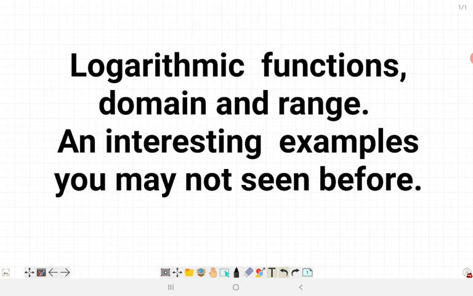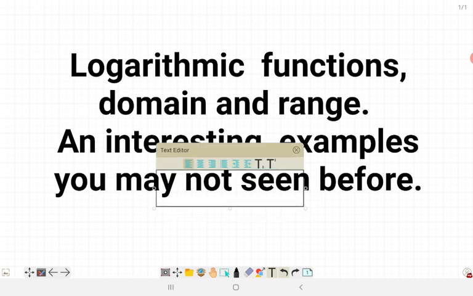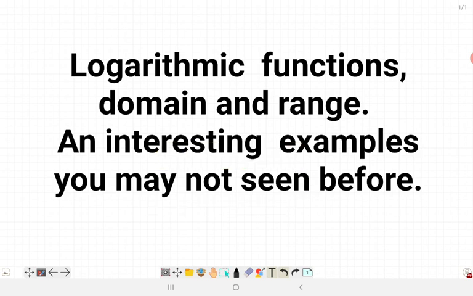We'll look at some interesting examples that you may not have seen before. So let us continue with our discussion by taking some examples.